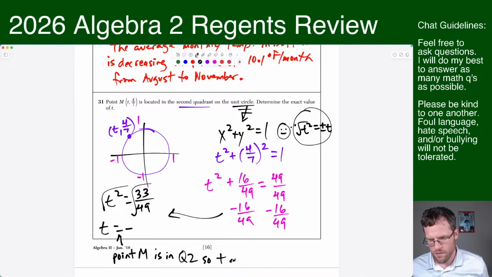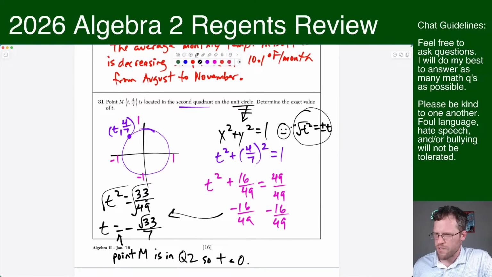So t is less than 0. Okay, so that's very big here. And then I just have to say, all right, square root of 33 over square root of 49 is 7. But they didn't say rationalize the denominator or anything, and that's evil, okay? Evil, evil.